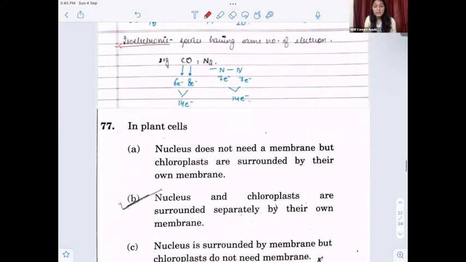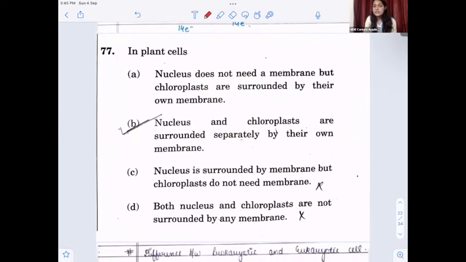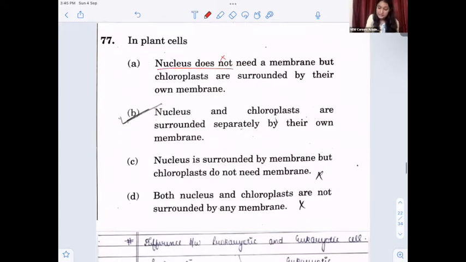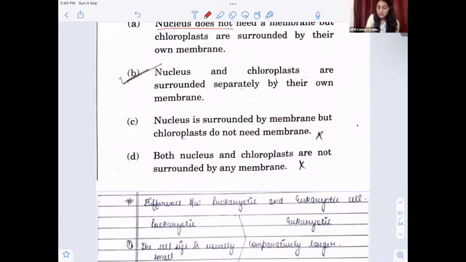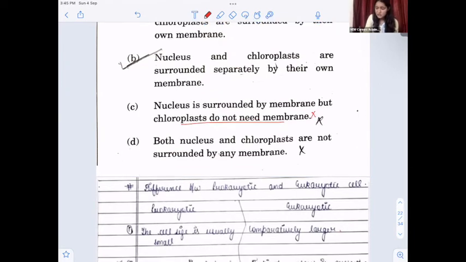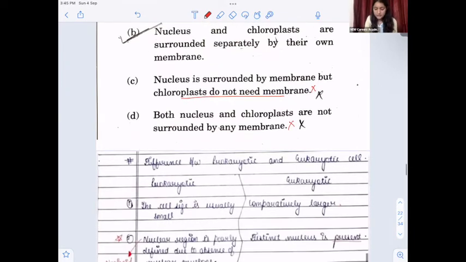Next, in plant cells, nucleus does not need a membrane, but chloroplasts are surrounded by their own membrane. See, plant cells are eukaryotic cells. So nucleus is membrane bound. So first statement is incorrect. Chloroplasts are membrane bound organelles. Both are not surrounded by, again incorrect. Now let's see from notes.